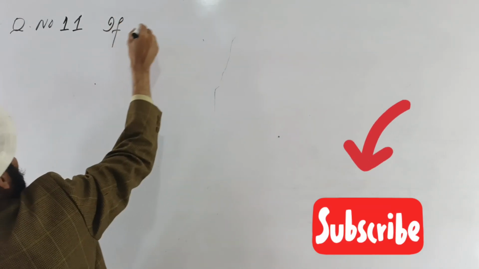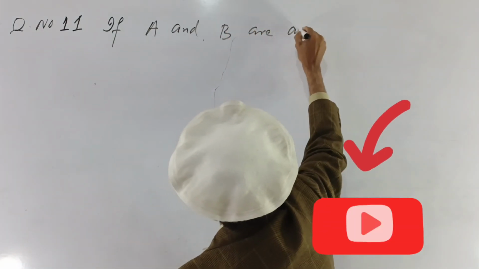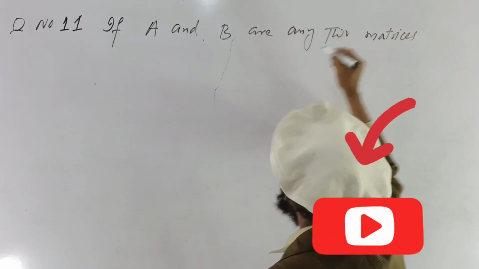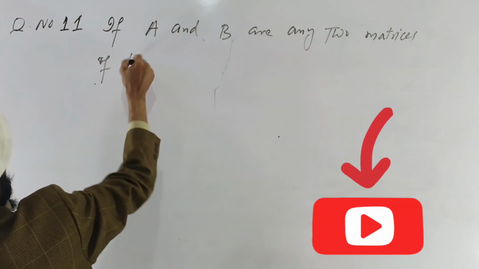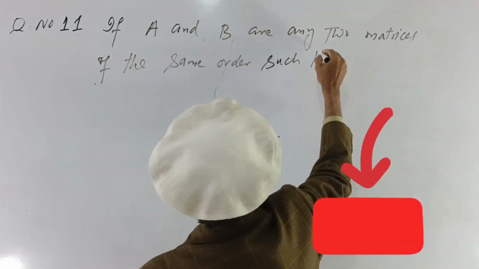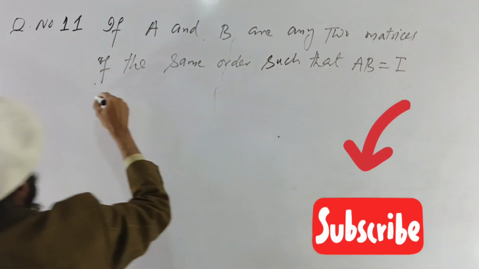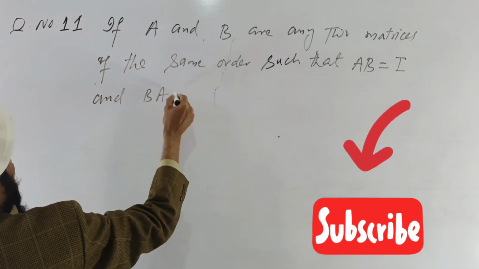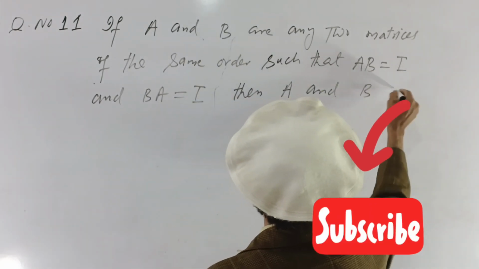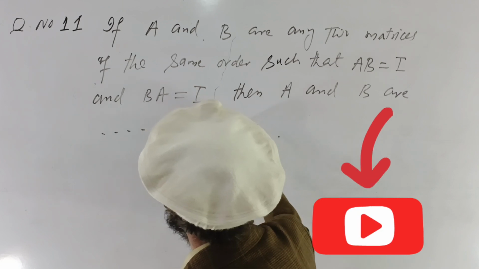If A and B are any two matrices of the same order, AB is equal to identity and BA is equal to identity, then A and B are what to each other?